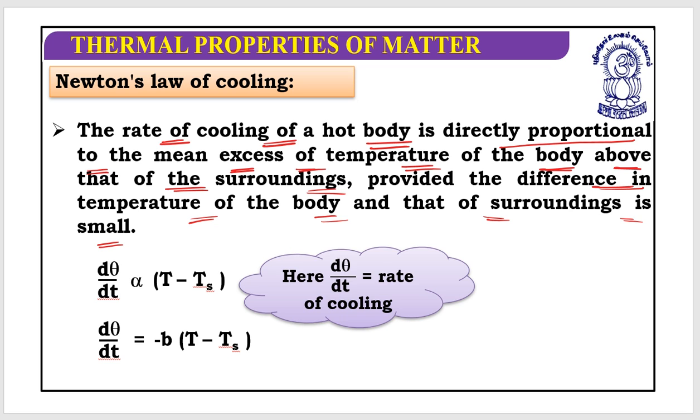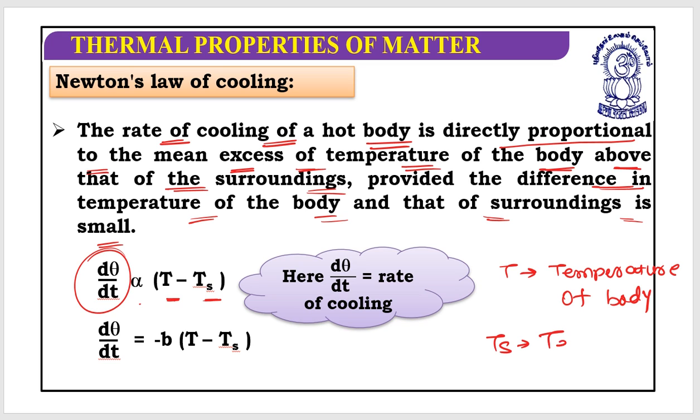So the rate of cooling, which is d theta by dt, is directly proportional to T minus Ts, where T is the temperature of the body, while Ts is the temperature of the surrounding.